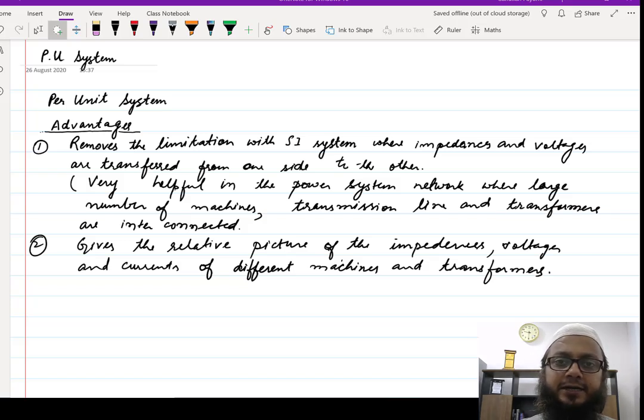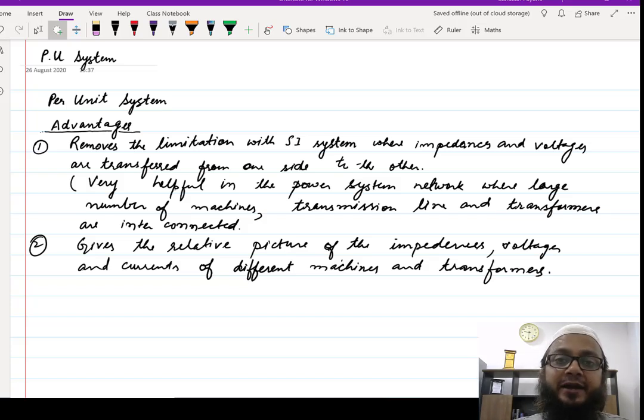In solving that circuit, we have seen that we require a lot of transformation from one end to the other end, either of impedance or of voltages, right? So you can think of the situation where a lot of these power system components are available, and then you are solving this circuit.